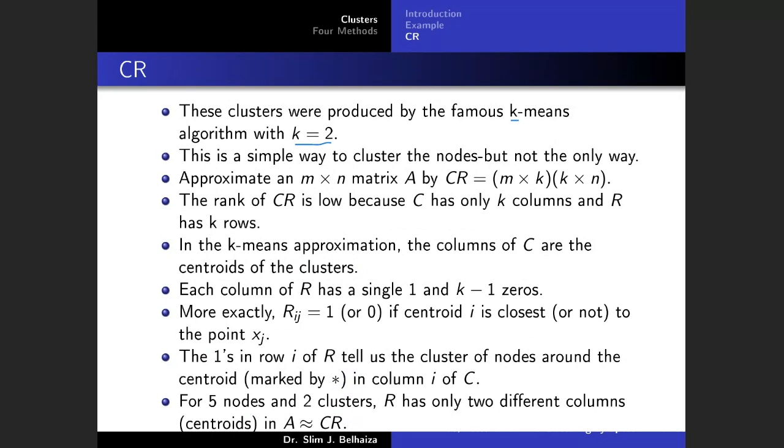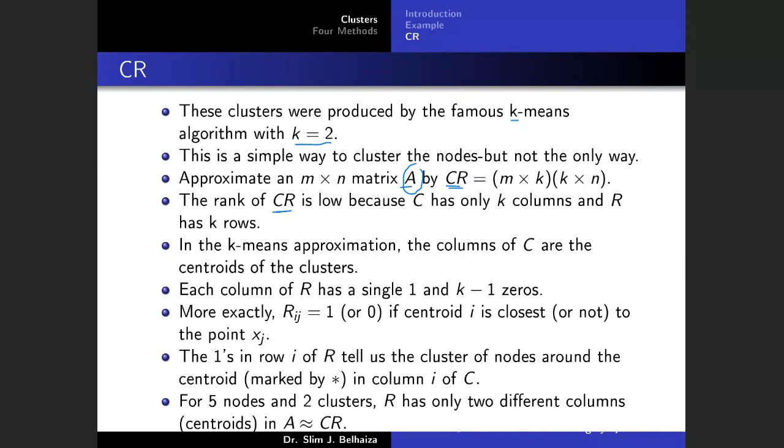One issue is when we have large matrices. The way we've dealt with it, using these averages to define the centroids, is not quite efficient, and it's not practical when we have very large graphs. So what we can do is use a CR factorization and approximate our matrix A, the adjacency matrix, by a CR factorization.